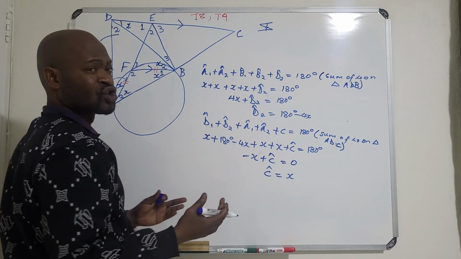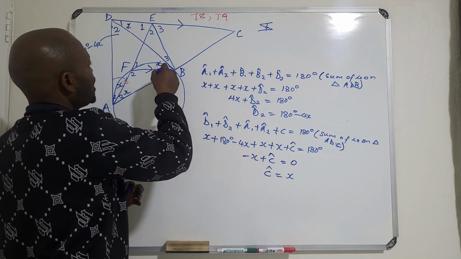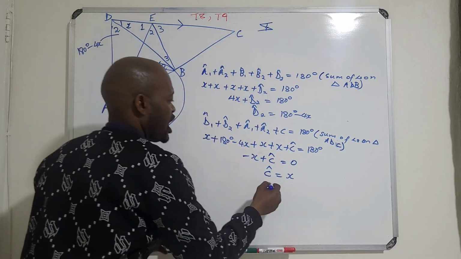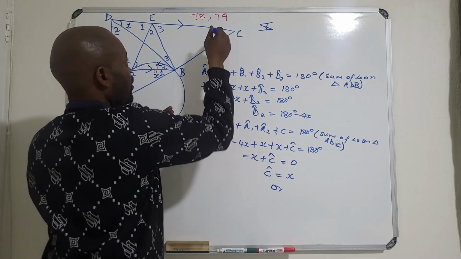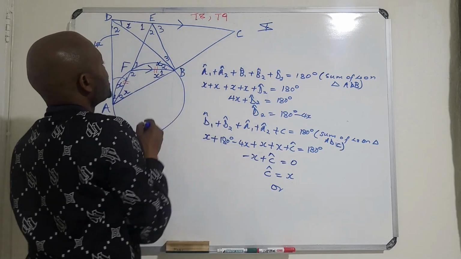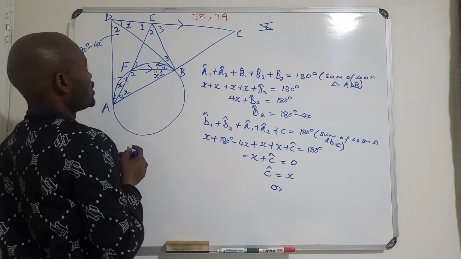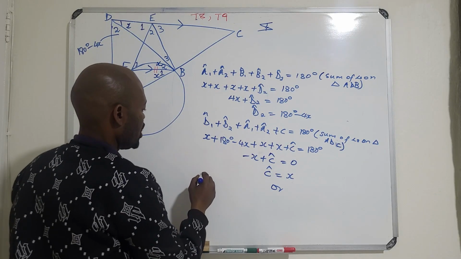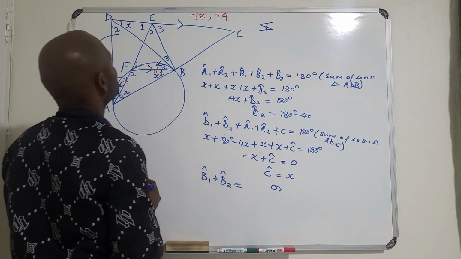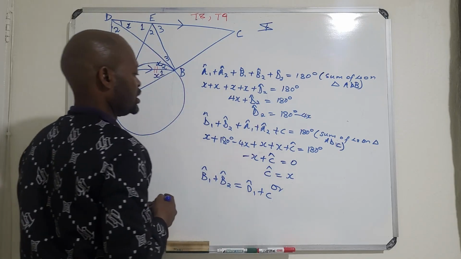If we wanted, I just took a long try, I can take another long try, in which I say this angle plus this angle, which is an exterior angle of a triangle, is equal to the sum of the opposite interior angles. Therefore, angle B1 plus angle B2 is equal to angle D1 plus angle C. Why?